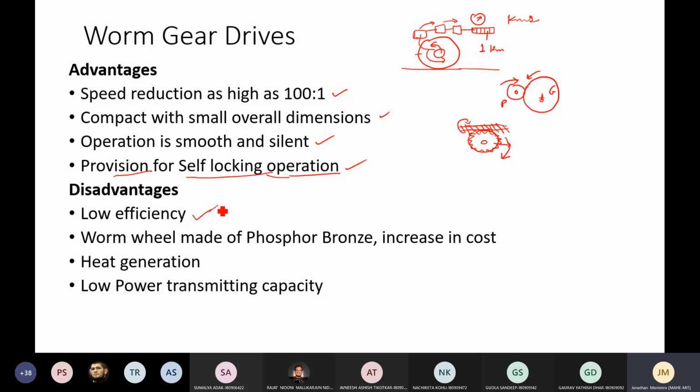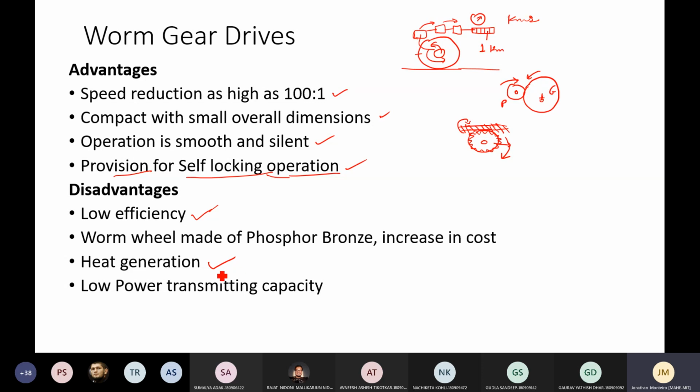Why low efficiency? Because it slides one over the other, continuously engaging. It is not just touching and pushing and engaging and leaving it. It is continuously engaging, and that is why there is very high friction. That is why you have low efficiency. You also have very high heat generation. Okay, low efficiency and heat generation.